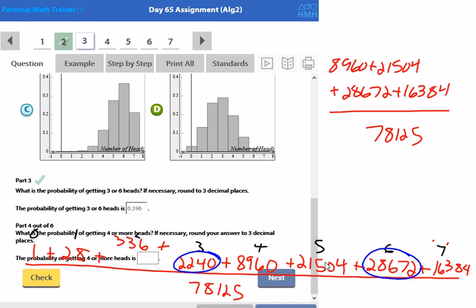Then round to the nearest 3 decimal places, so 0.967. Almost a 97% chance that heads comes out at least 4 times.